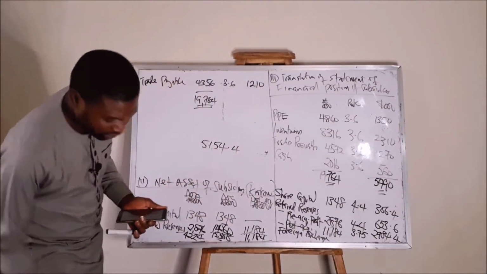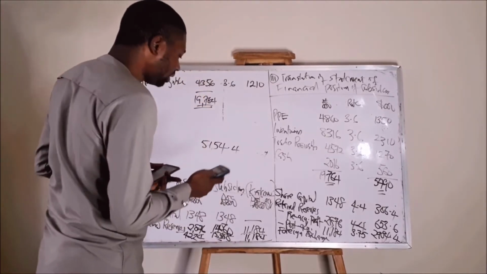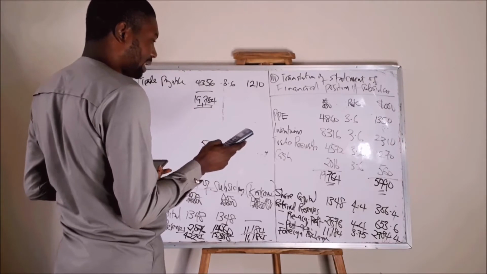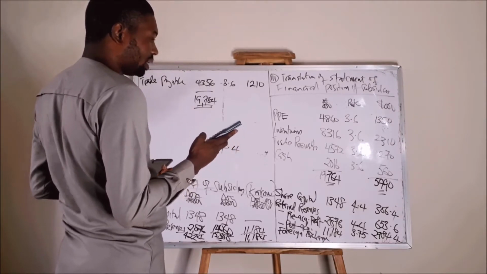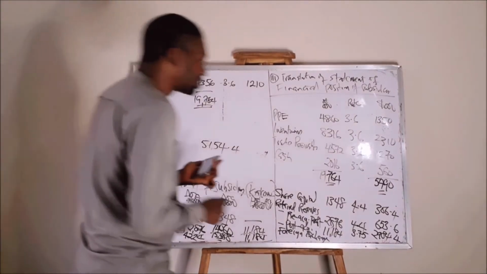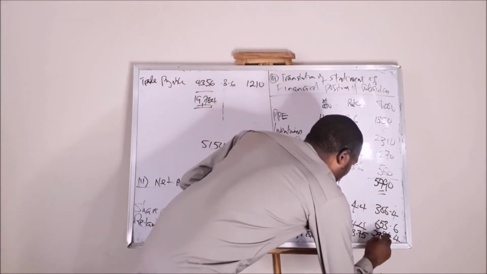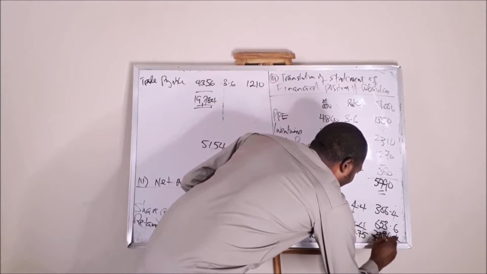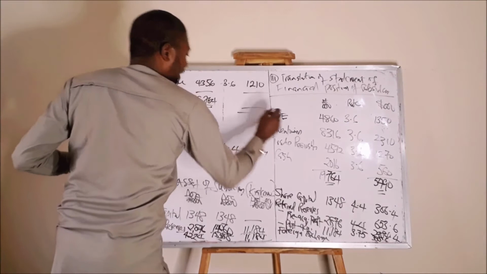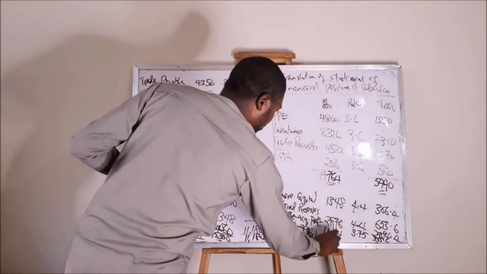So let's find the difference now. The difference between 5490 and 5154.4 means that 335.6 is the difference. So let me put 335.6 here. That's the foreign exchange gain. It's a gain.